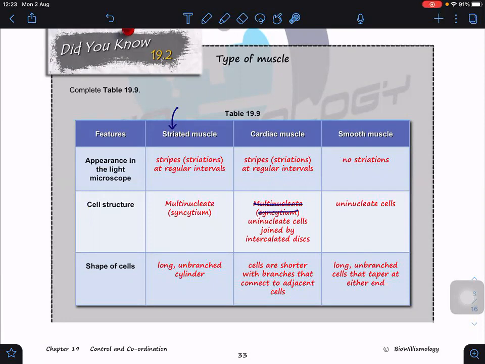Cardiac muscle is uninucleated, only one nucleus per cell, but the cells are joined by the intercalated disc. This is very important to make sure that one cell contracting causes the rest of the cells to contract at the same time. Smooth muscle is also uninucleated, meaning one nucleus per cell.